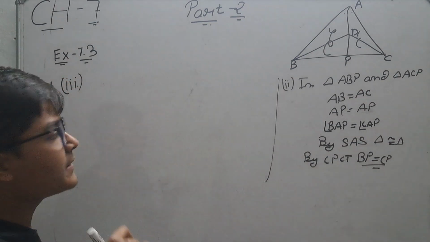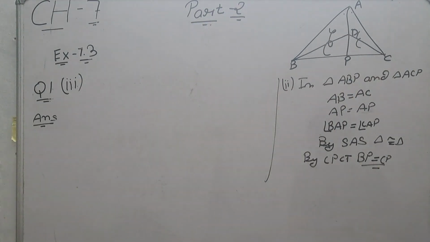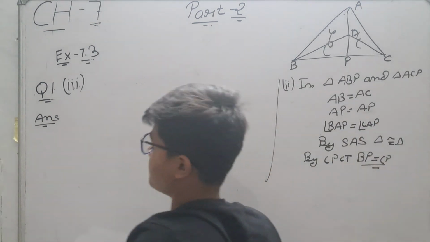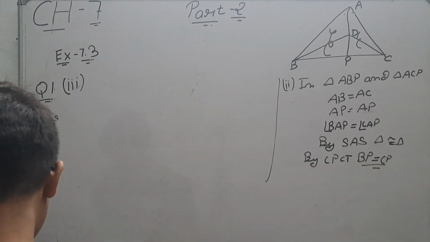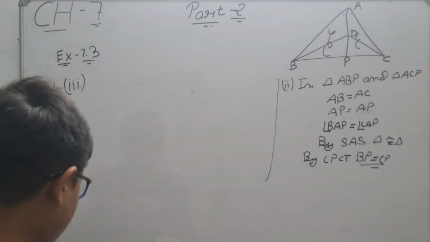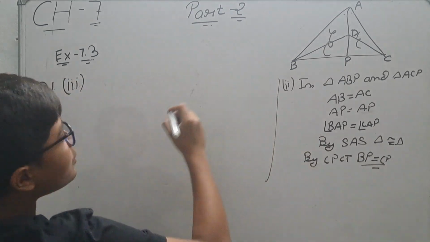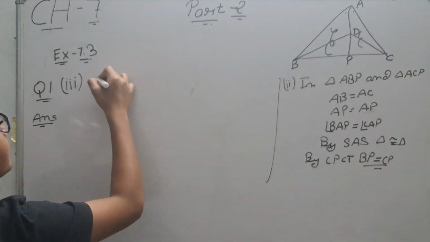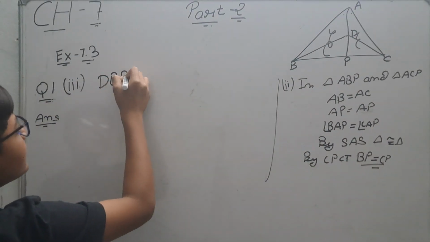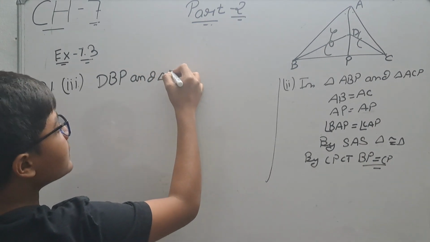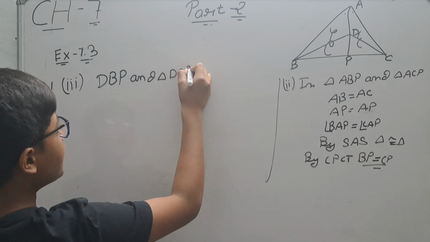Wait for a minute. Is it visible or not? Okay, sure, it is visible. Now in part 3 they have said we have to prove that AP bisects angle A as well as angle D. So first of all, we take triangle DBP and triangle DCP.